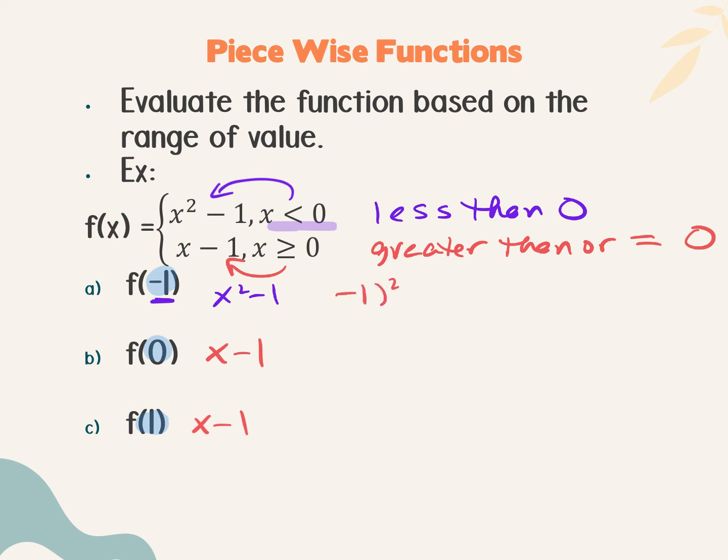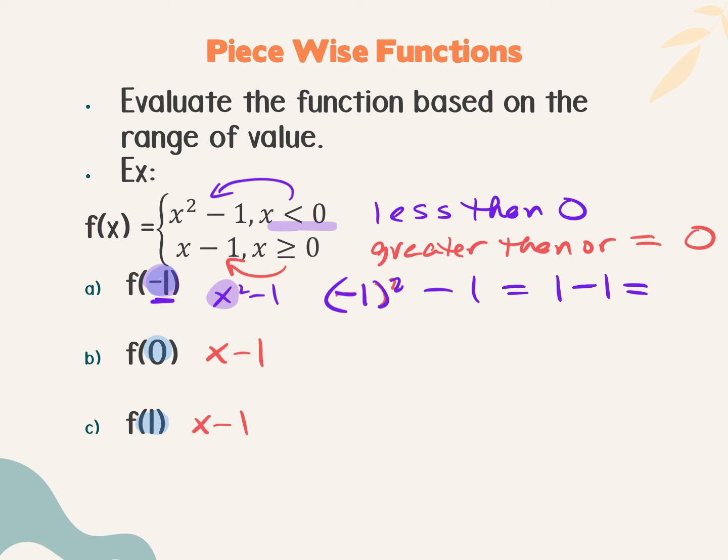So (-1) squared minus 1, so I'm plugging into this x, I'm plugging in the -1. So then (-1) squared is 1 minus 1, and I wrote the wrong sign.